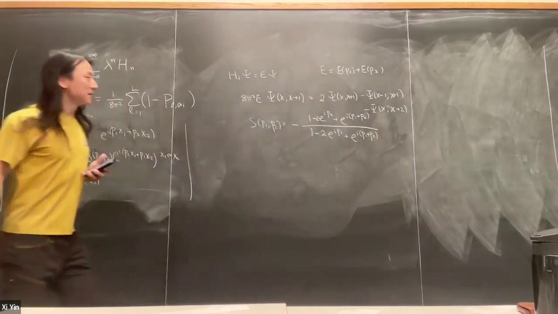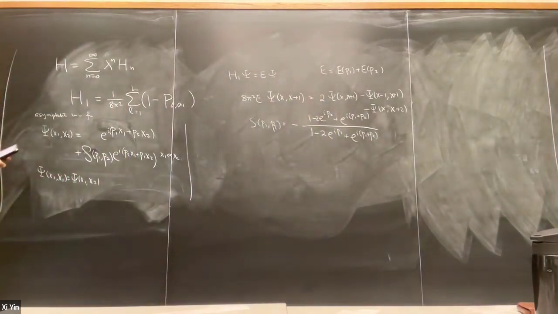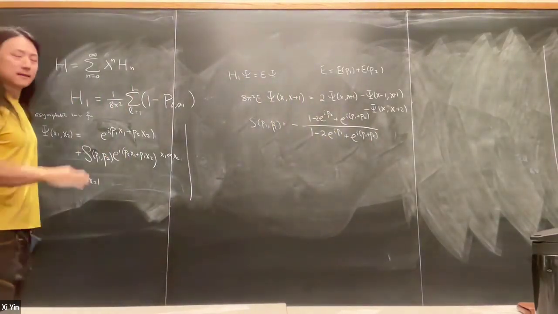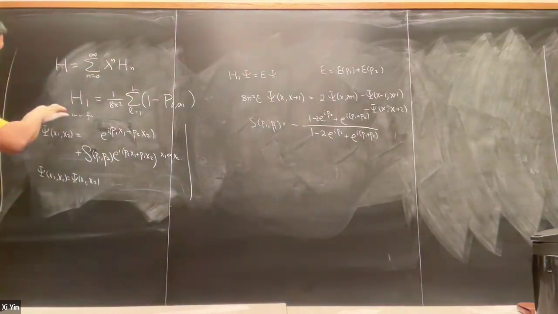Convince yourself that this is actually a phase, as required by unitarity. Anyway, that's a scattering phase in the case of the simplest kind of magnon in the simplest possible non-trivial model.